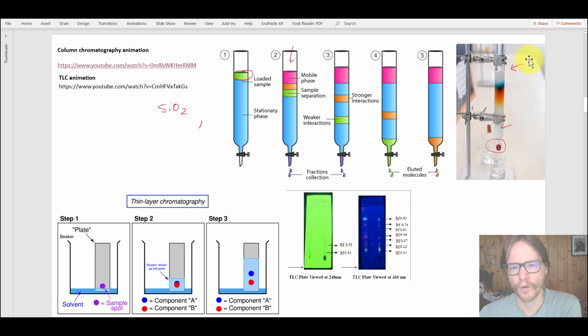Over the course of applying this mobile phase, it starts to preferentially pull through certain compounds that are less polar. The more polar ones are going to have stronger interactions, which is this orange band. Polar compounds are going to interact through intermolecular forces more strongly with that polar silica gel. Those that don't have polar moieties or functional groups are going to breeze through pretty quickly, being pulled by the mobile phase, and that's how a column separation would occur.